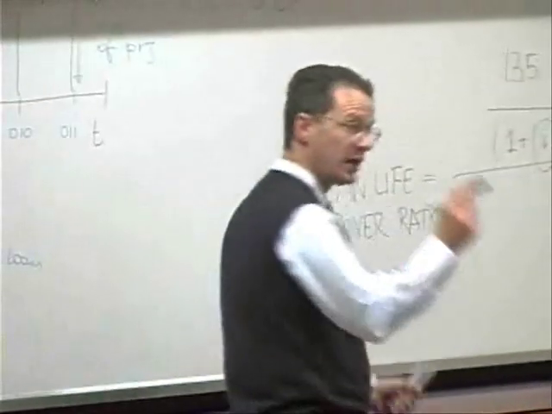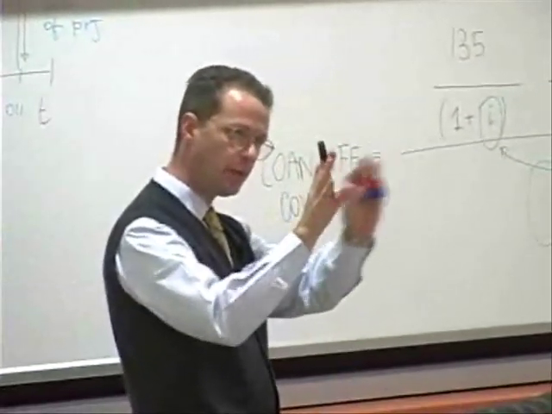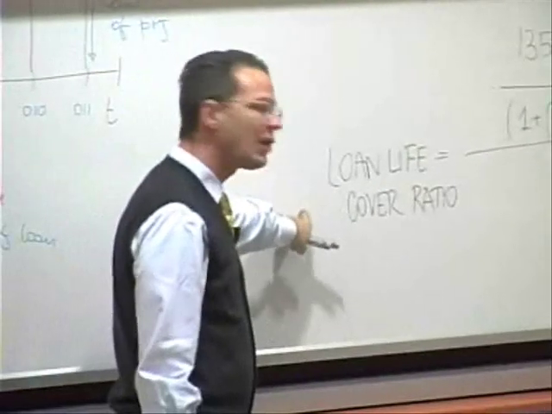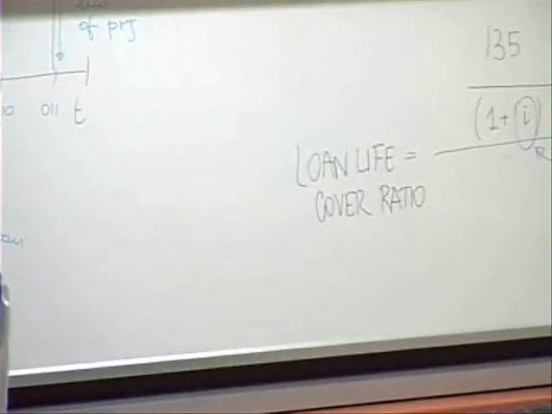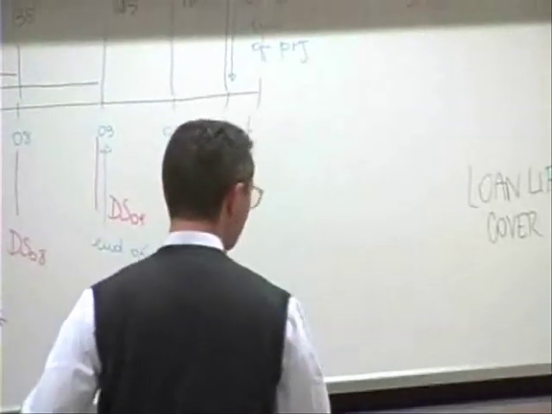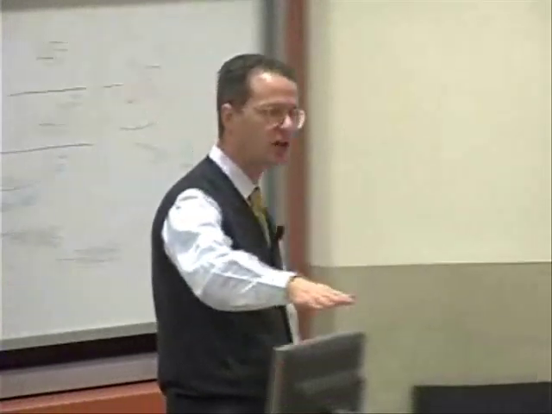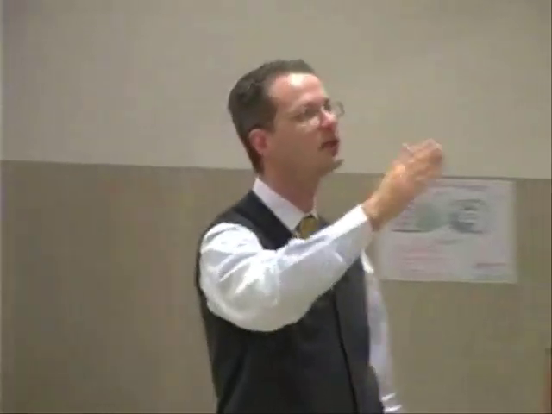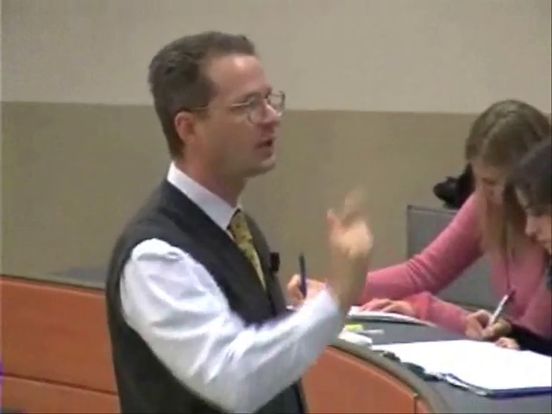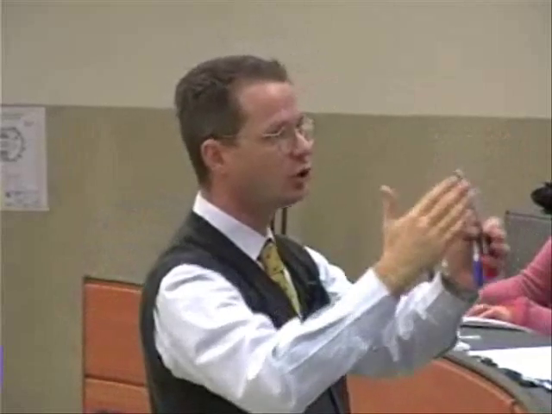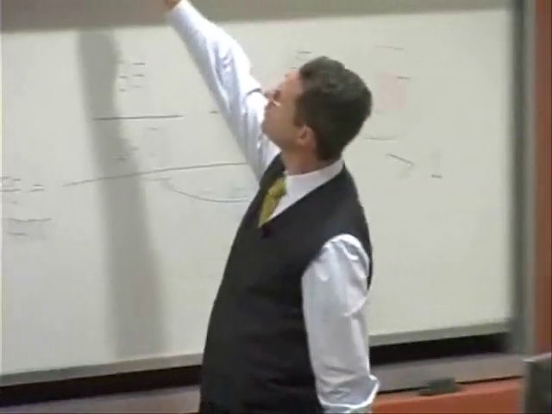Remember, again, not to miss the pieces of the puzzle, that the loan life cover ratio is again calculated ex ante by looking at the data included in the financial model. So based on the information that I will include in the financial model, I will calculate year by year the amount of free cash flow, the amount of the outstanding loan, plus year by year, according to the rules that sponsors and lenders have agreed about the setup of the debt reserve, the value of the debt reserve.